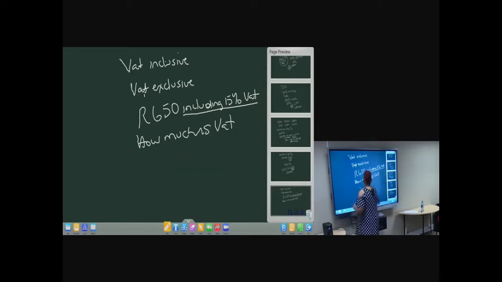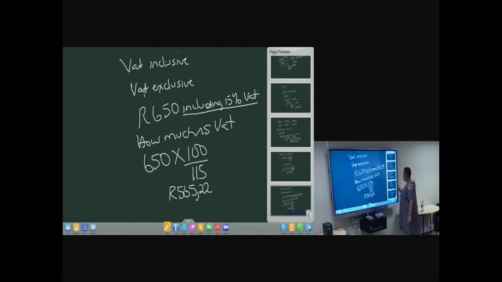Now when you want to work backwards, you multiply by 100 and divide by 115, and then your answer will be 565,22. Okay, that is your answer.